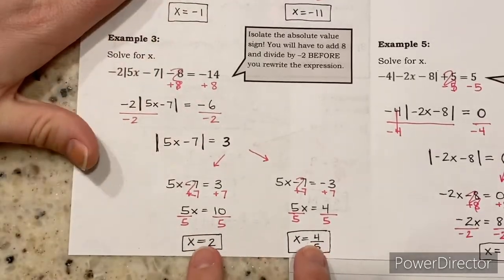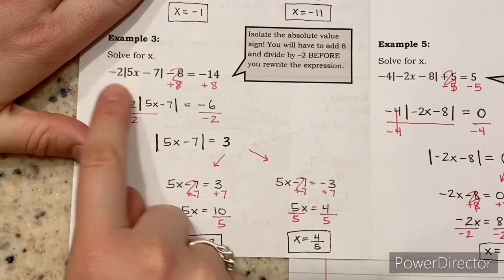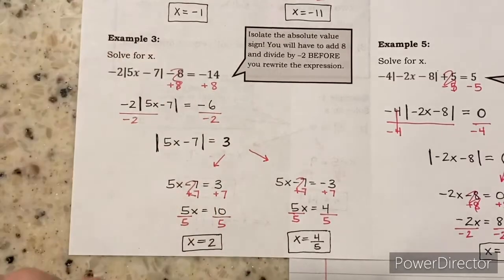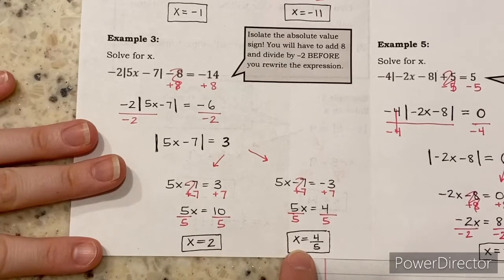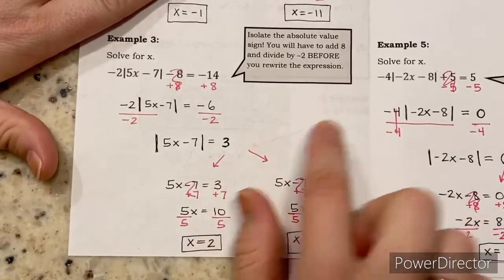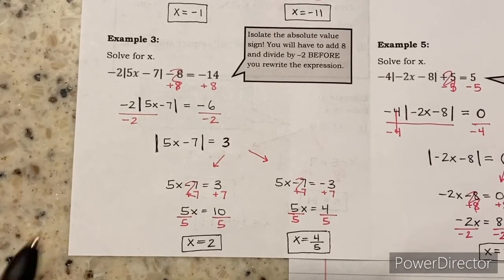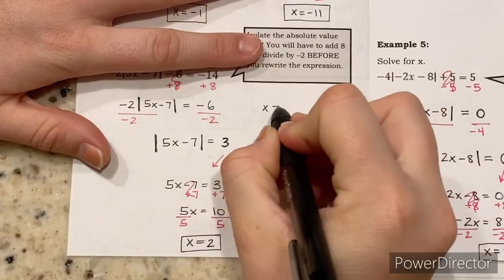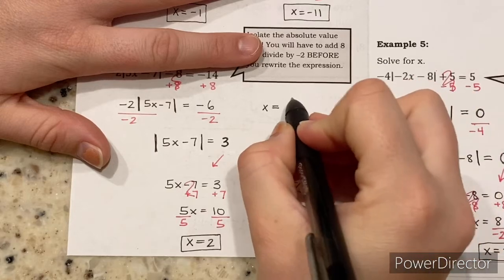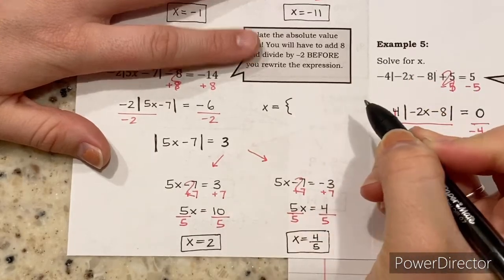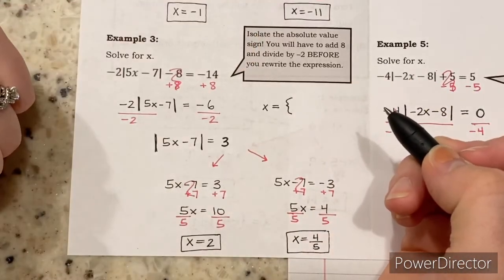So remember, if we were to take these and plug them back in, this equation would be true. And I also want you to remember that they can be written out like this or in the set notation brackets that we have. And if they're in the set notation brackets, this is what they're going to look like. So they're going to have x equals just like normal, but then they're going to have set notation bracket, and then both of these numbers are going to be in there.